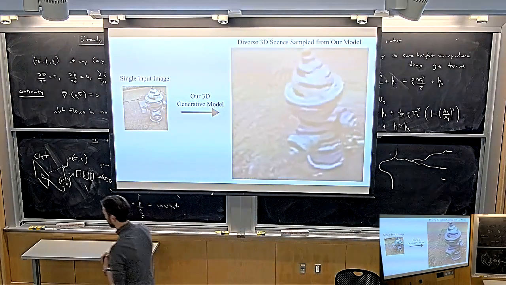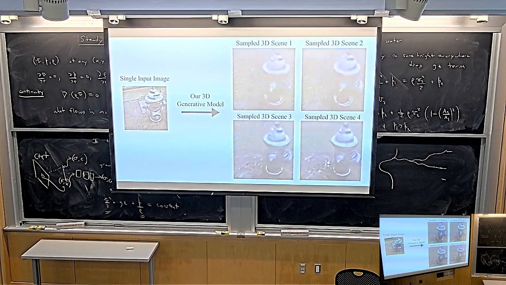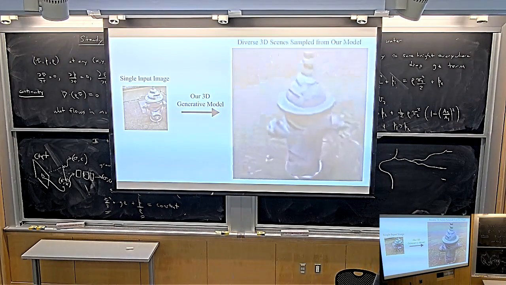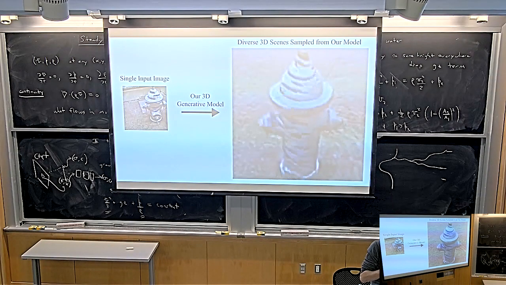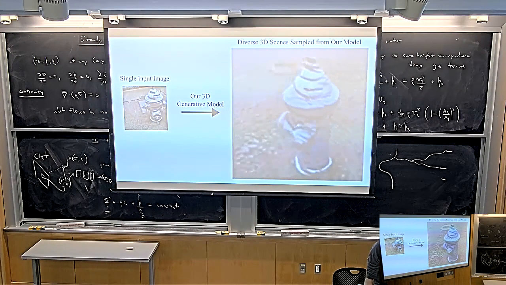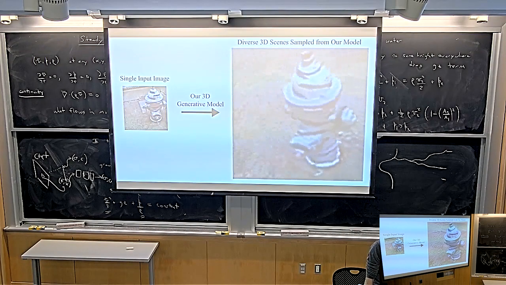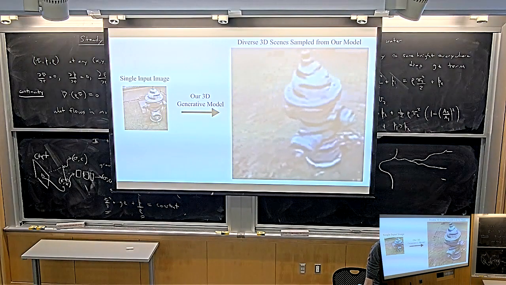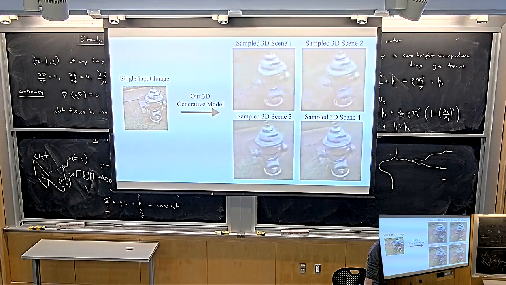Okay, any guess why it only works on fire hydrants and RealEstate10K on these indoor scenes? Why don't we train it on more data? Because there isn't any. Because we need camera poses to train the model. And as you know, camera poses are a valuable commodity, which is why all of the models that you can see these days that are trained on real-world scenes are either trained on fire hydrants or on indoor scenes.